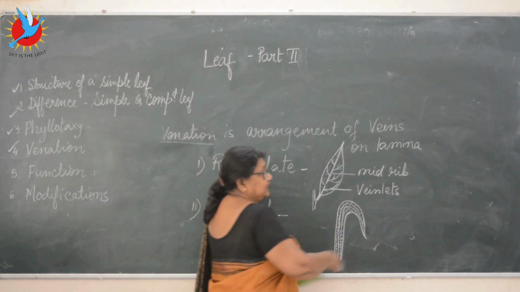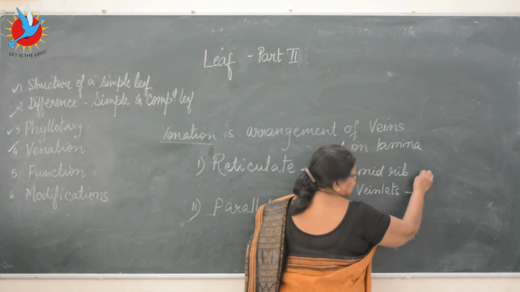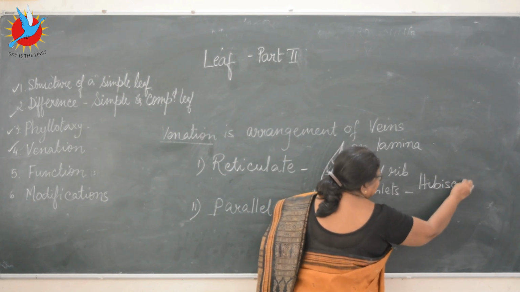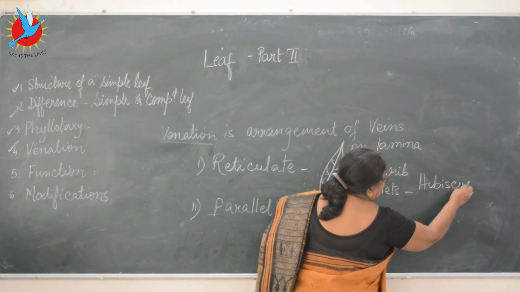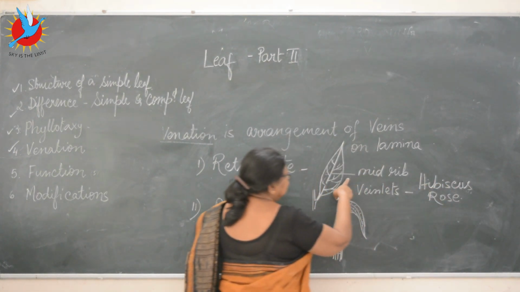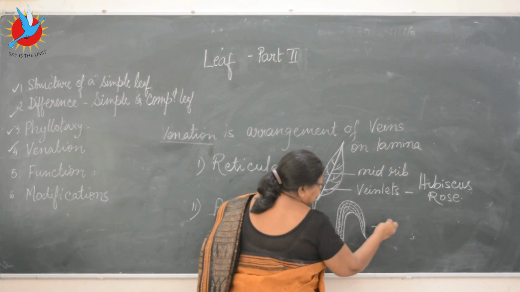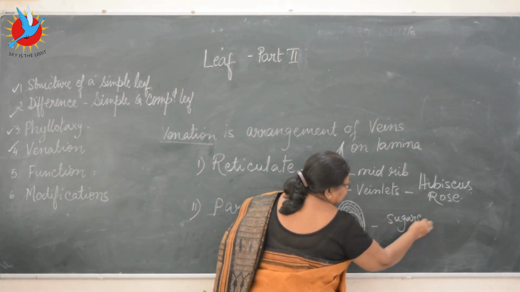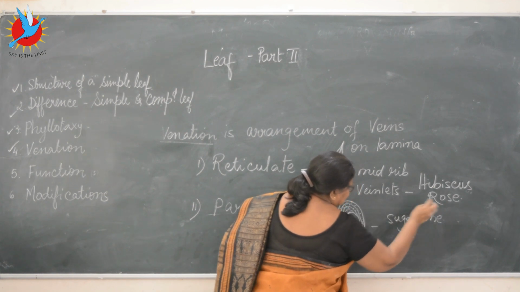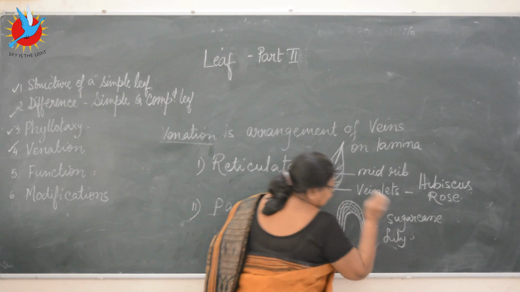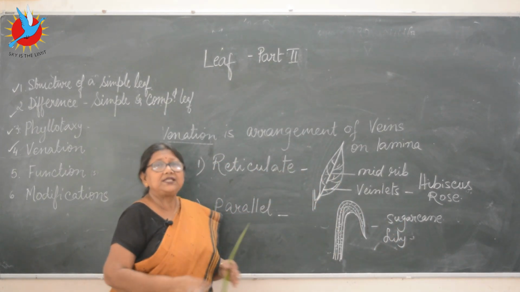Mostly the dicot plants show this, for example hibiscus, the China rose, or even the rose plant. And here you have the sugarcane, very common one, or the lily plant, these leaves of the monocots, they have the parallel type.